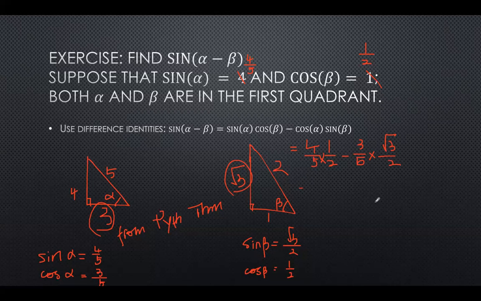Okay, then we can simplify this as 4 minus 3 square root of 3 over 10. Any questions?